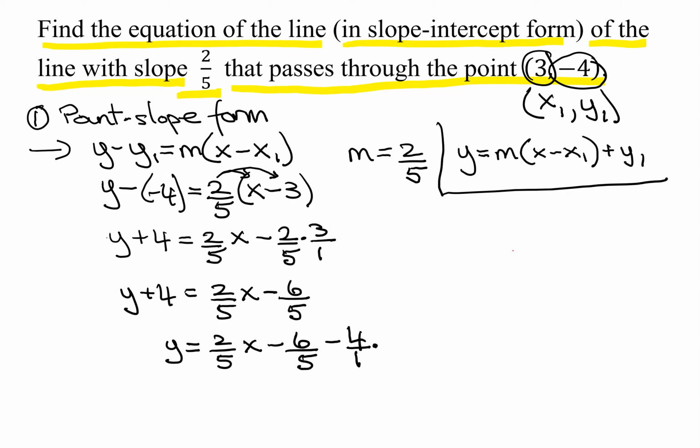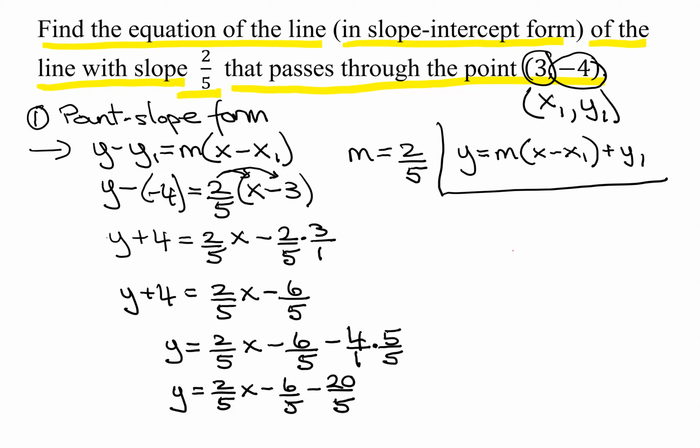And then my common denominator is going to be a 5, so I have to multiply it by 5 over 5. So y equals 2/5 x minus 6/5 minus 4 times 5 is 20/5.